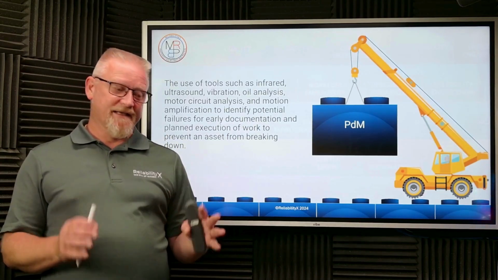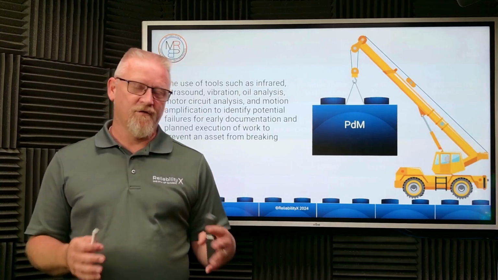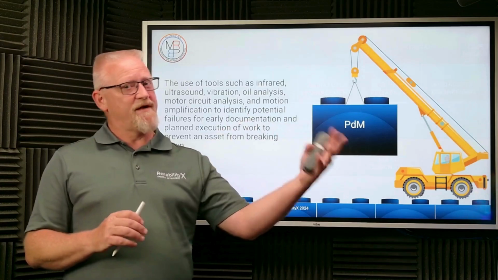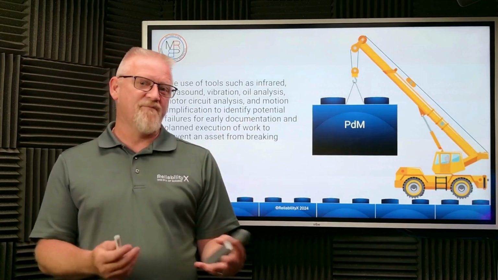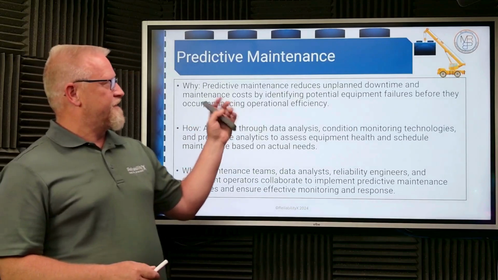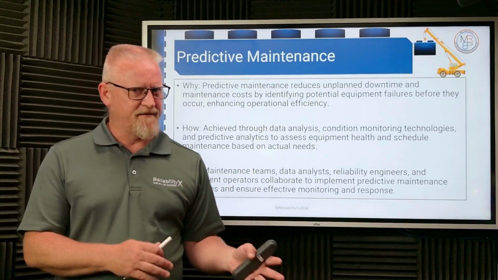Now, it is, however, giving you a good understanding and window with which to understand, let's say, the planning and scheduling process so that we can have a minimal impact on the operation. So the predictive technologies reduce unplanned downtime. They don't do that by stopping the failure.